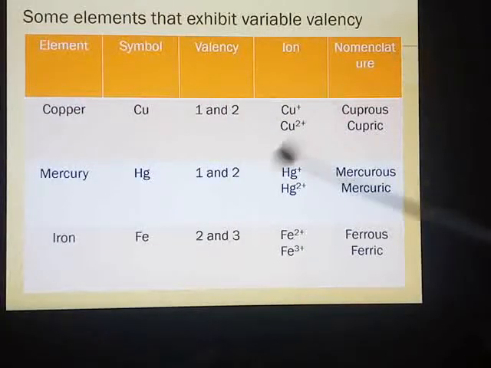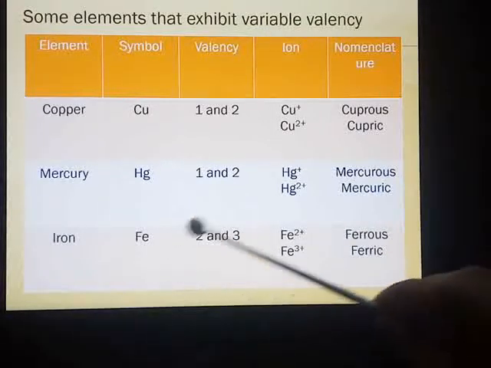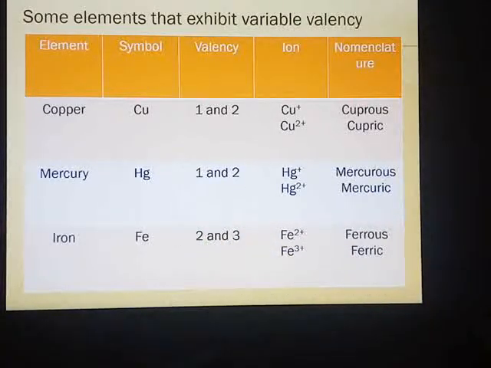For mercury also valency is 1 and 2, Hg+ and Hg2+, mercurous and mercuric. And iron exhibits two valencies, that is 2 and 3, Fe2+ and Fe3+, ferrous and ferric. So these are the different elements which exhibit more than one valency and they show variable valency.